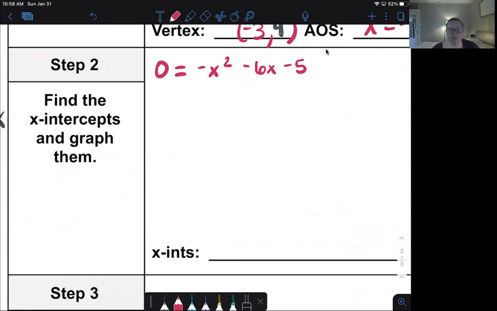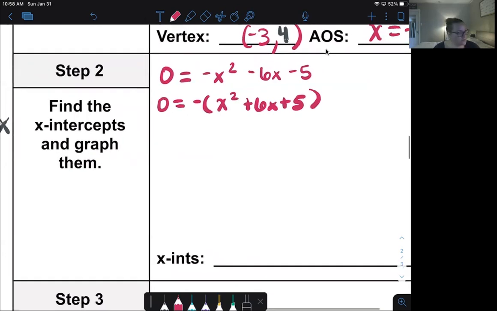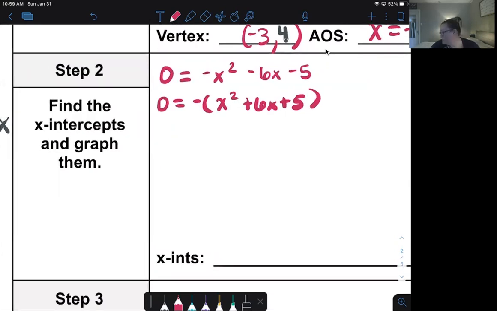The first thing I would highly recommend though for this is either divide everything by -1 or factor out a -1. And when you do that, that'll make a positive, which makes it easier to deal with in your equation. All right, press pause, find those x-intercepts, and then press play when you're ready to check your work.